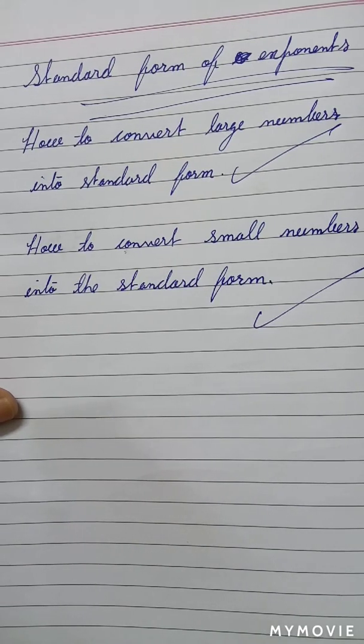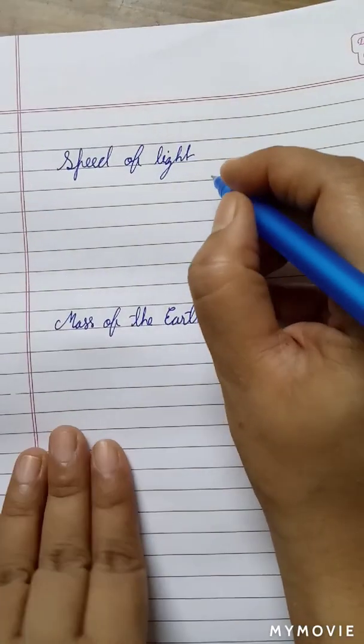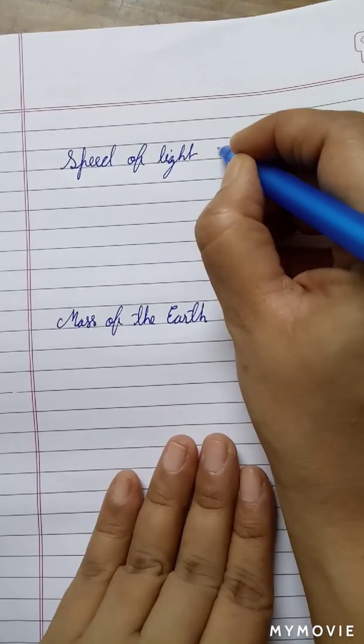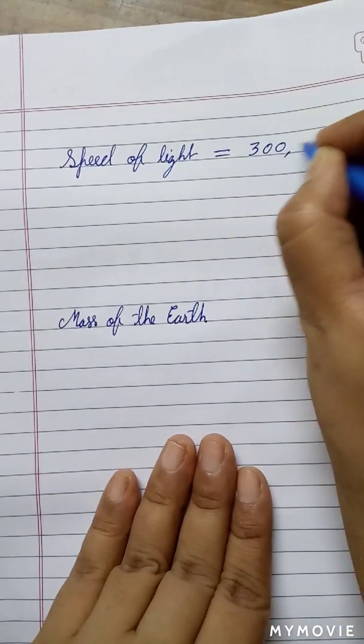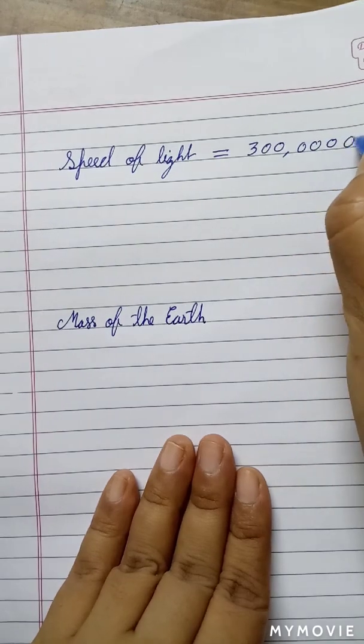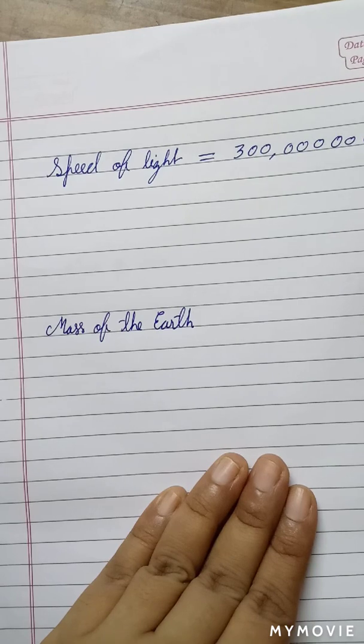So, let's begin. Do we all know what the speed of light is? Yes, we do. It is 300 million meters per second.